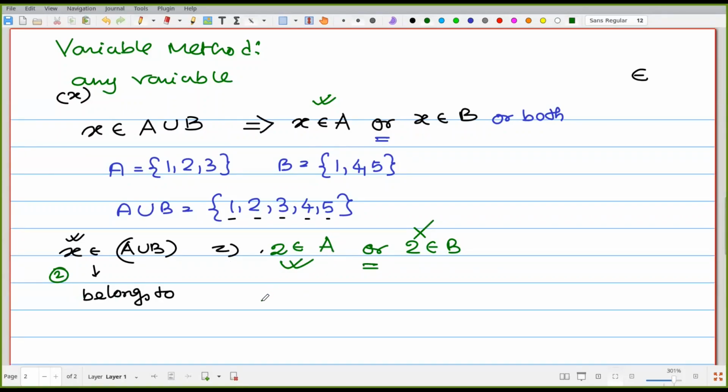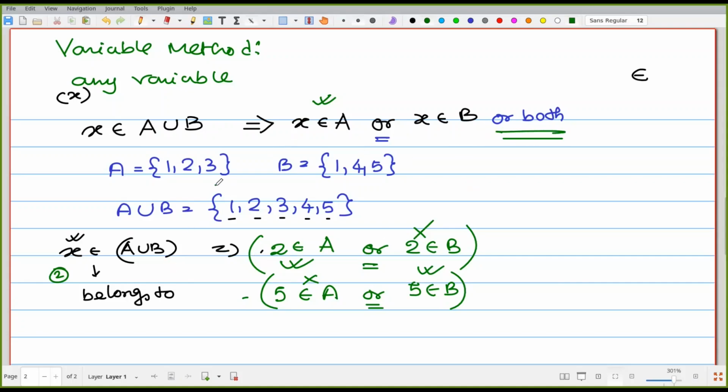Suppose x is equal to 5. So 5 belongs to A or 5 belongs to B. That one is not true, but as it is or, it is true. So the whole statement is true. So x belongs to A or B: x may belong to A or x may belong to B. Another one, or both.